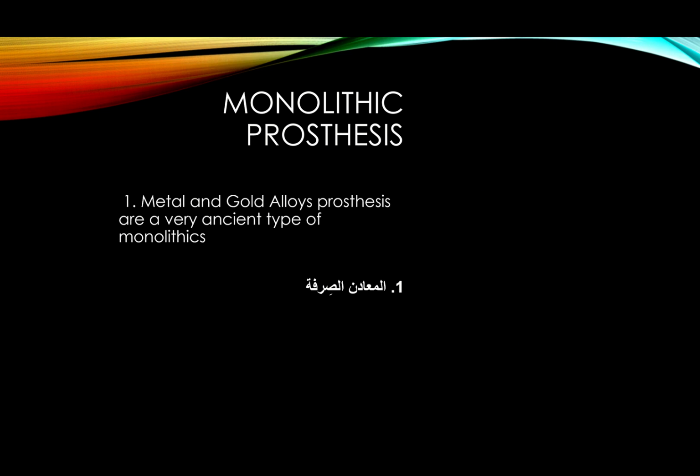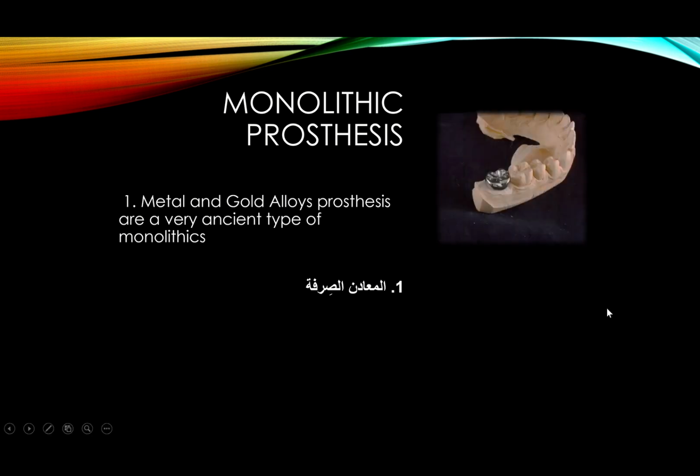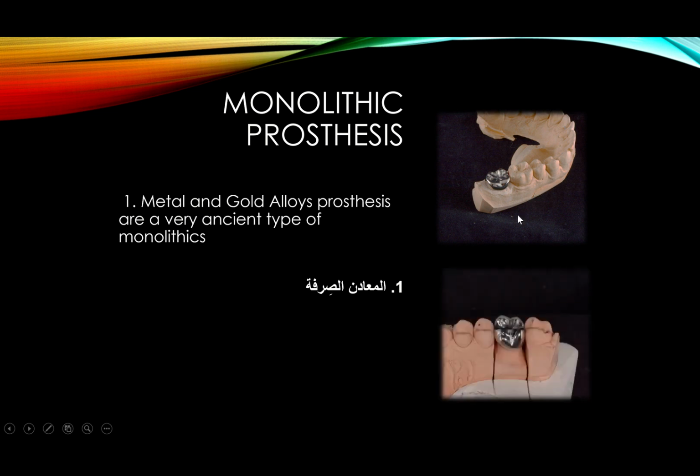First monolithic that should come to your mind is metal and gold alloys, because they've been around for a long time. It's just a full cast. Now the number of full casts in America dropped because people used to do number 7 and sometimes number 6 in full gold. There's minimum occlusal clearance, all kinds of stuff, so they go with monolithic gold or monolithic semi-precious.